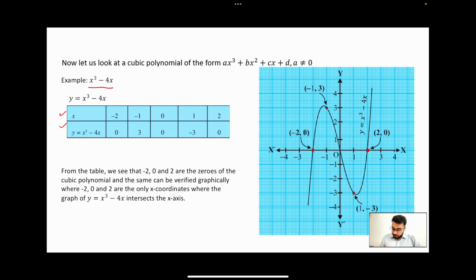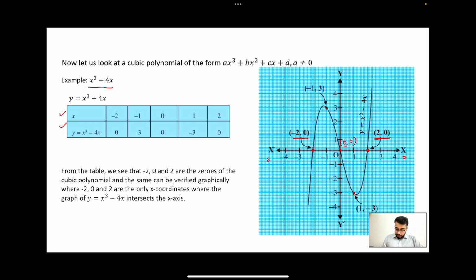Now, if you look at the x-axis, the wave touches the x-axis at 3 points, namely (-2, 0), (0, 0), and (2, 0). Now try to remember what we learned previously while graphing the quadratic as well as the linear equation.